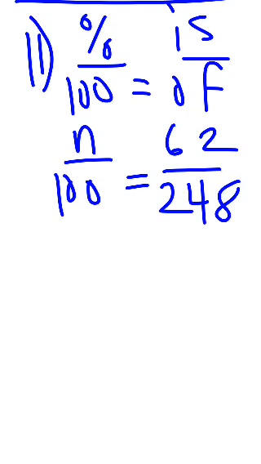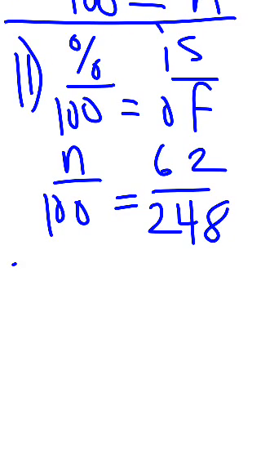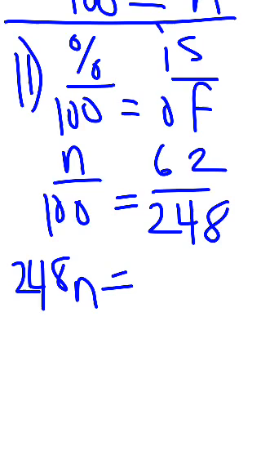The next step is cross multiply. So we have 48n equal to 62 times 100, or 6,200. To solve for n, divide both sides by 48. Again, whatever number is on the same side as your letter, that's what you would divide both sides by in the equation.